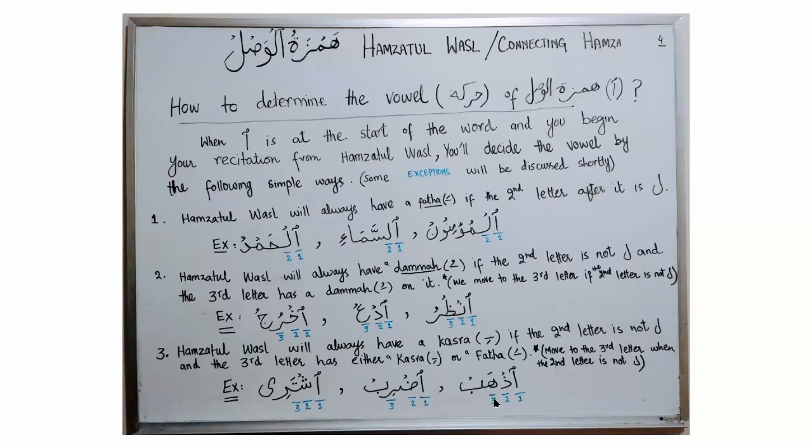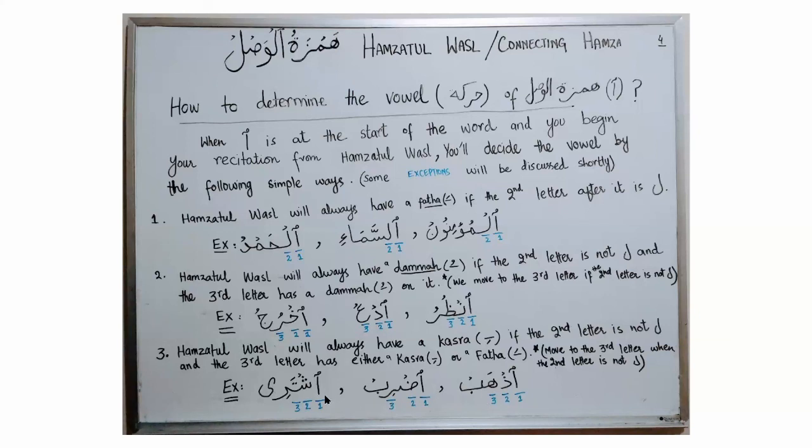In these examples, the first letter is Hamzatul Wasl, the second letter is not Lam, so you move on to the third letter. Because the third letter does not have Dhamma, you will put Kasra on Hamzatul Wasl. In this case, Hamzatul Wasl is the first letter. Because the second letter is not Lam, you move on to the third letter. The third letter Ra has a Kasra, so you will always put Kasra on Hamzatul Wasl.